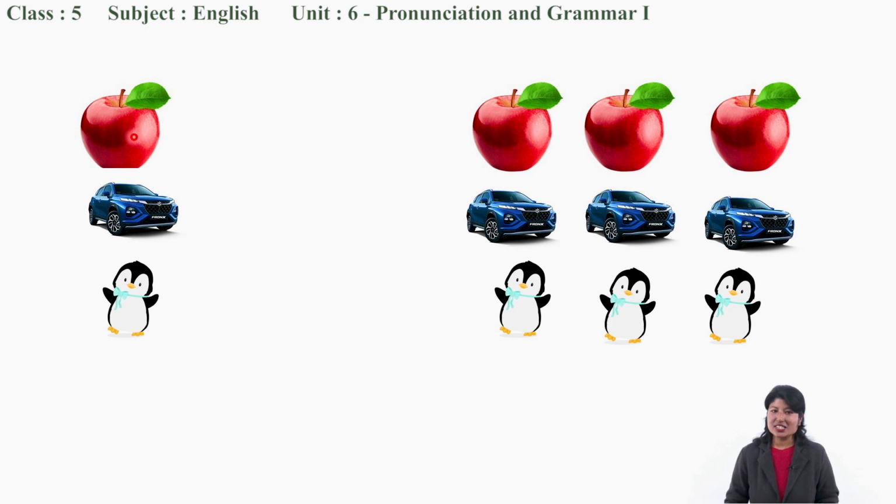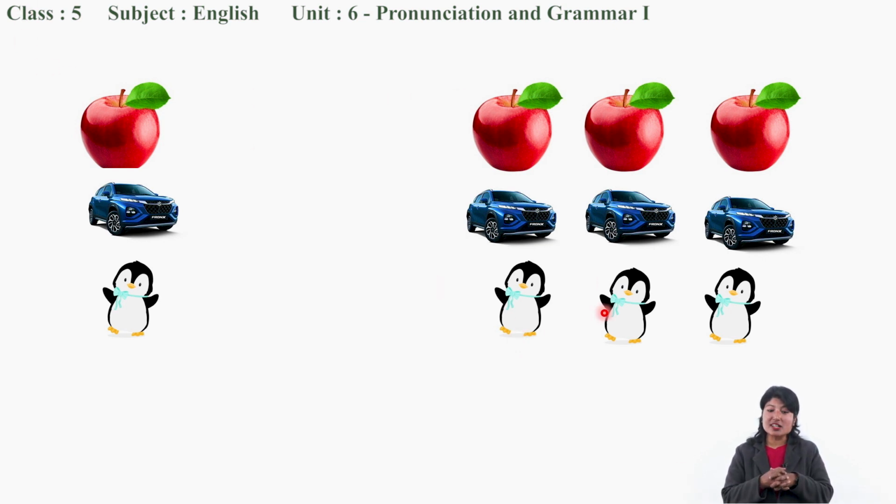Apples. Apple, apples. Car, a car, only one car. When we call it plural, then cars, right? Cars. Penguin, penguins, right? Penguins. So this is what singular and plural.